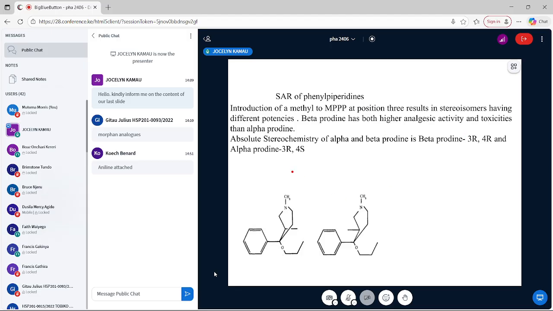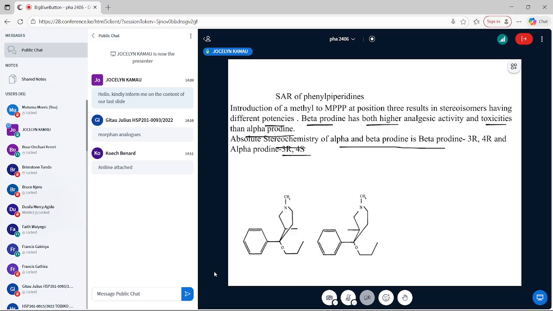Introduction of methyl to MPPP at position 3 results in stereoisomers having different potencies. We have the beta prodine having both high analgesic activity and toxicity, as we have already mentioned, compared with the alpha prodine. The absolute stereochemistry: beta prodine has 3R, 4R, and alpha prodine has 3R and 4S.